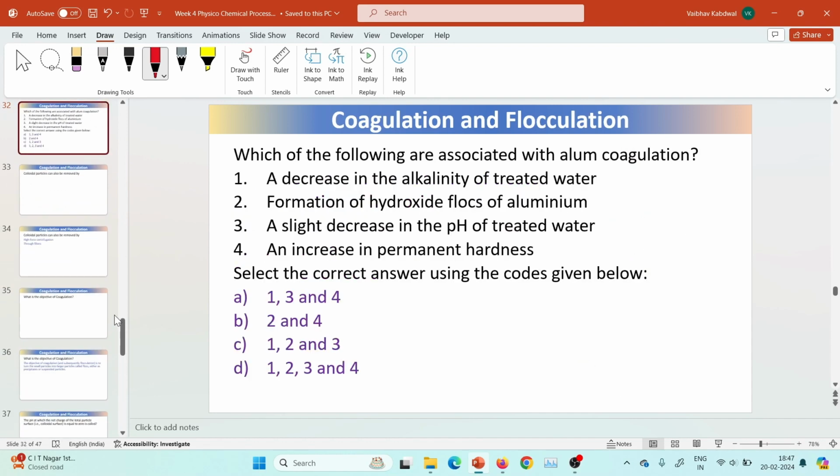Which of the following are associated with alum coagulation? What is alum coagulation? When alum is used as a coagulant, then it is called alum coagulation. Simple.